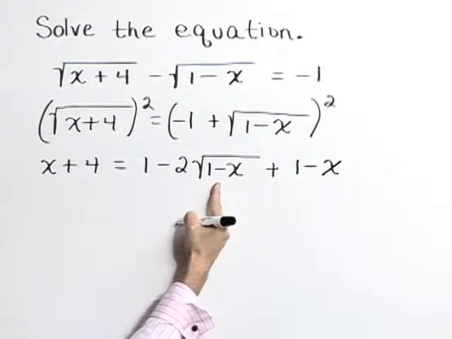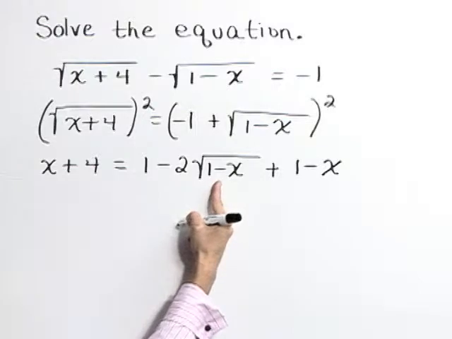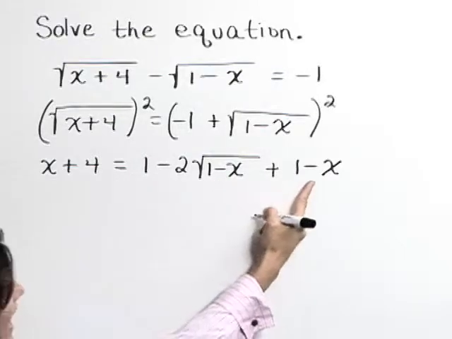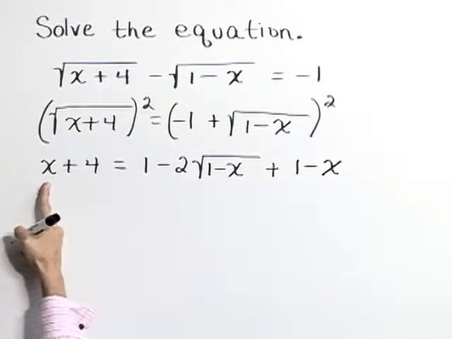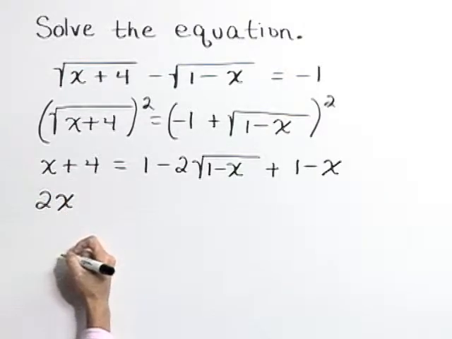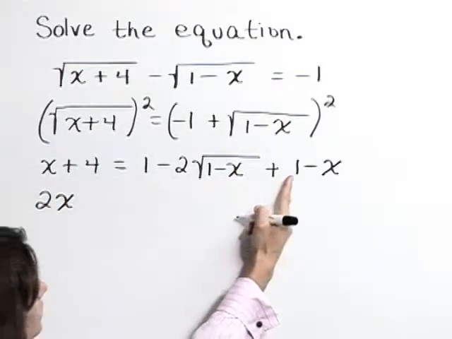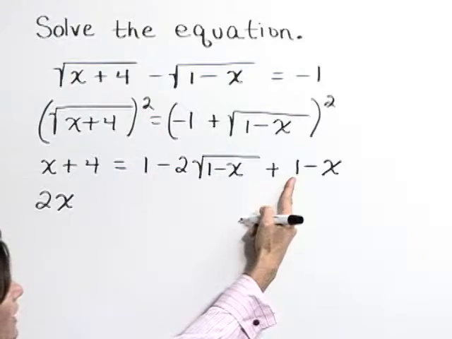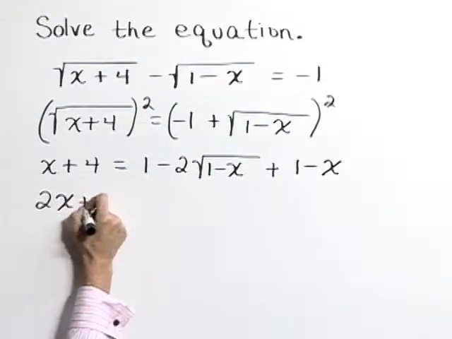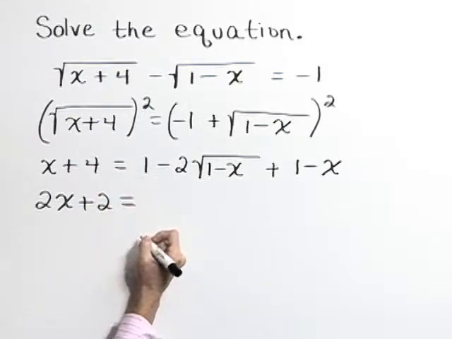Now, we still have a radical in this equation. We want to isolate this radical and square both sides again. So let's move things away from that. Add x to both sides so that we get a 2x on the left. 1 plus 1 is 2 on the right. Subtract that 2 from both sides. 4 minus 2 is 2.